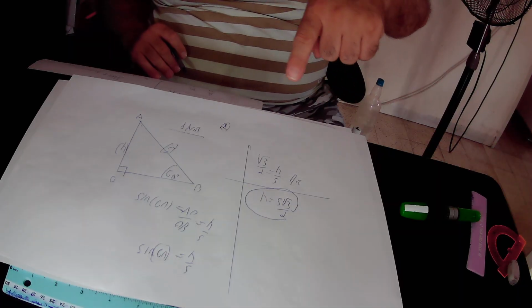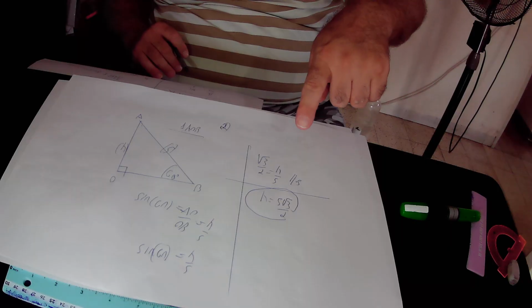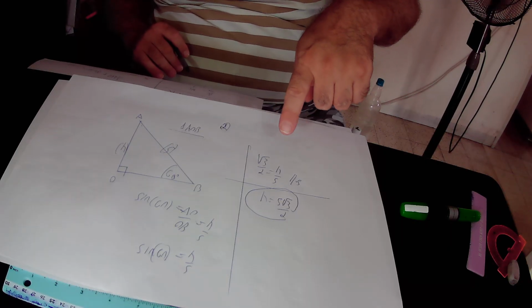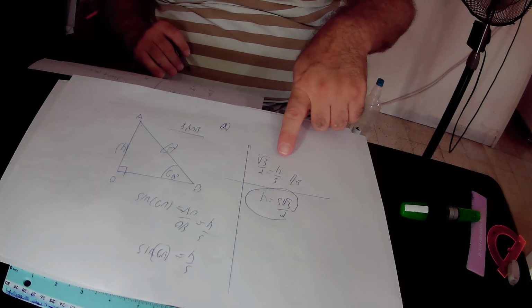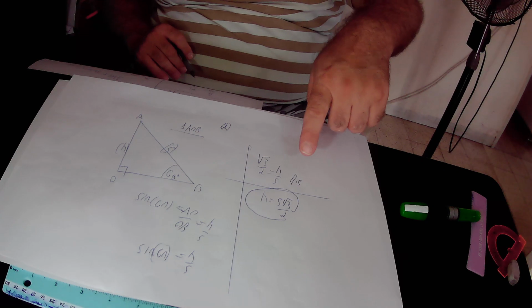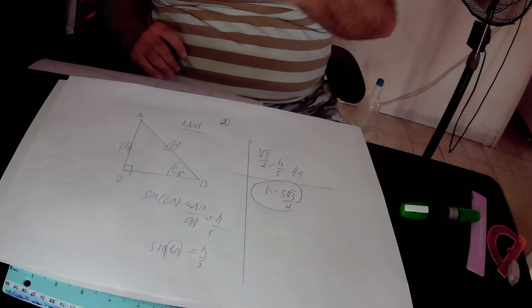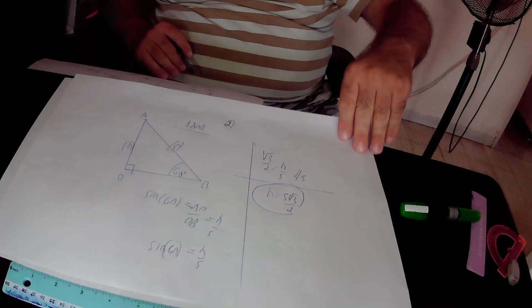Sine of 60 degrees is square root of 3 over 2. So square root of 3 over 2 equals h over 5. Here we multiply this equation by 5 and finally find out that h equals 5 times square root of 3 over 2.